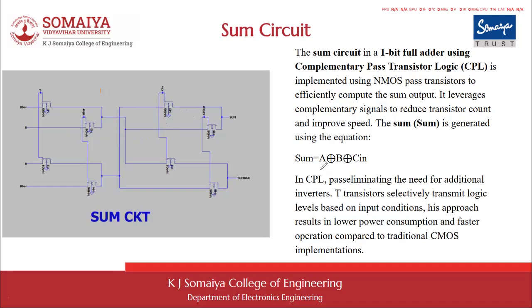This first circuit gives us the solution to A XOR B, and the second circuit gives us the XOR of A XOR B with Cn. So when we do that, we get our sum and sum bar as our output.